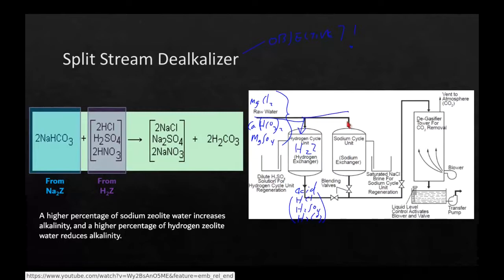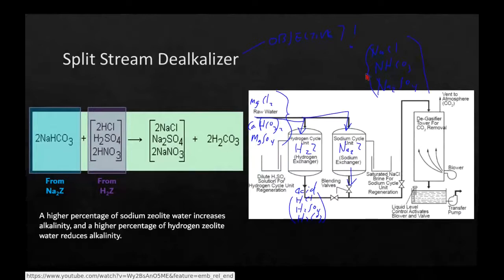But some of that water is also going to go into a sodium zeolite softener. And what comes out of there is we've got sodium chloride, sodium bicarbonate, HCO3, and sodium sulfate.